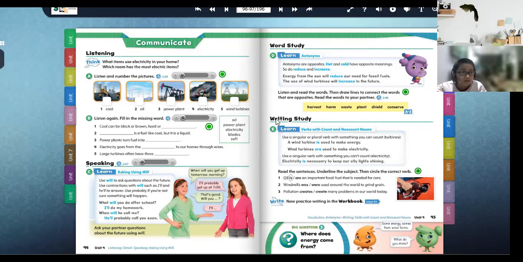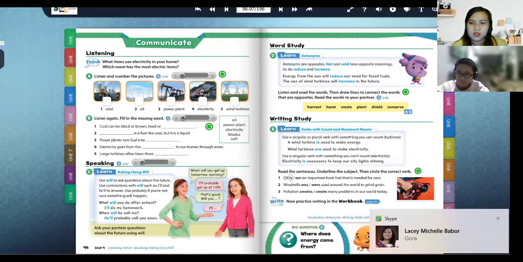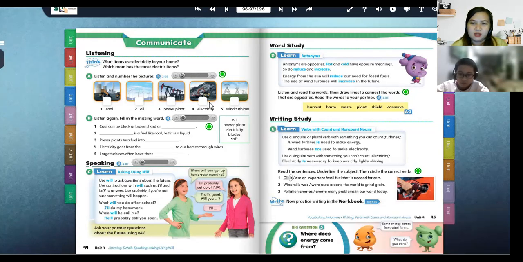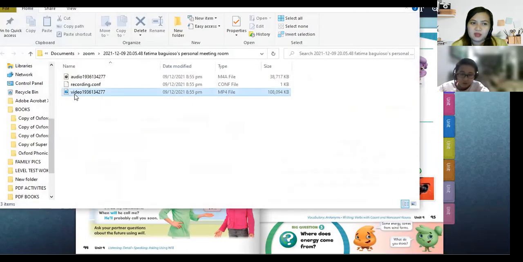Short and tall. Okay, that's correct. Big and small, very good. What else? Cheap and expensive. Okay, that's right. Cheap and expensive.